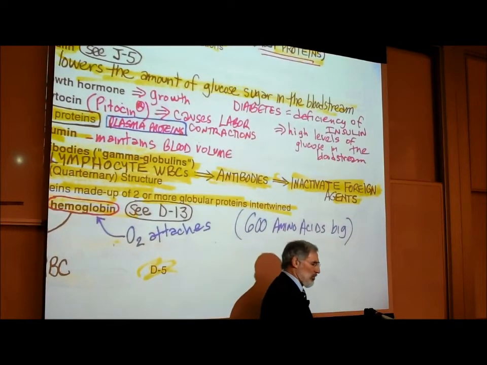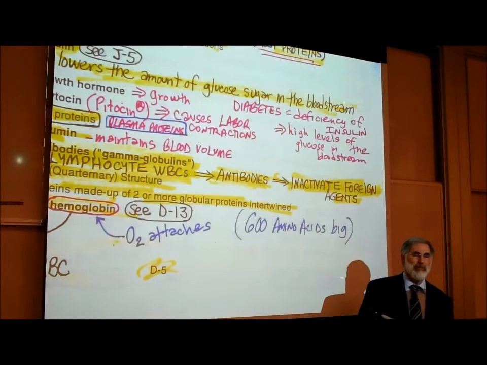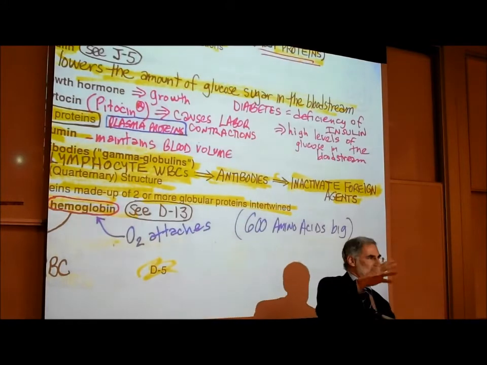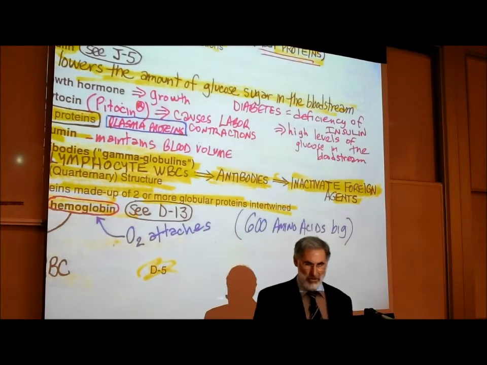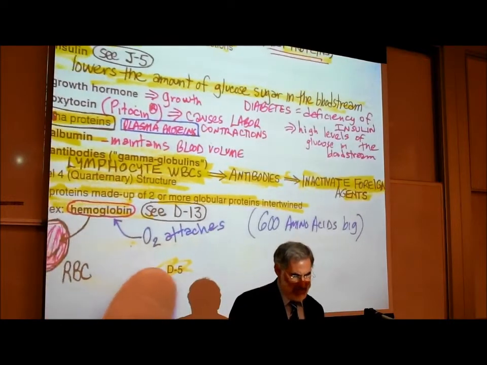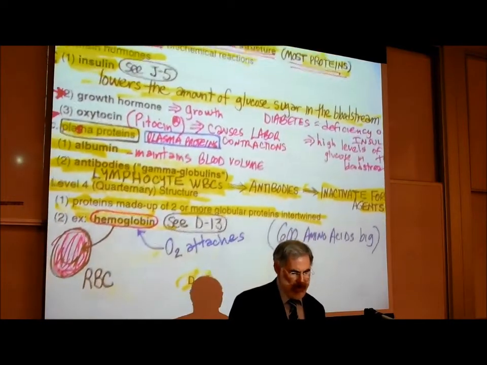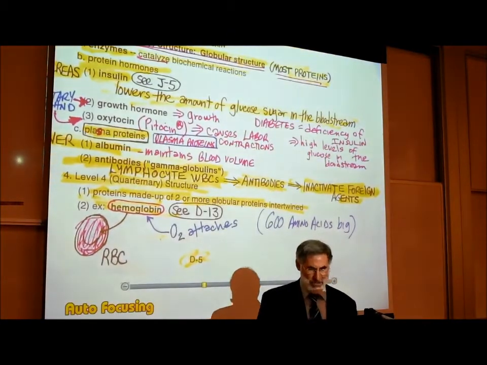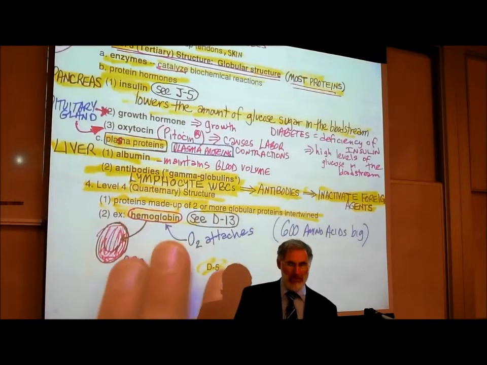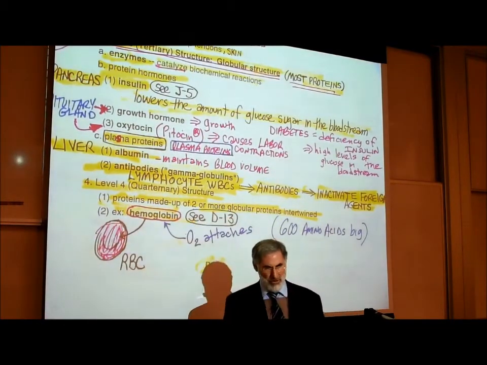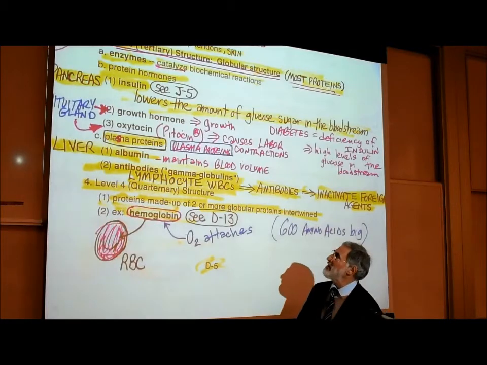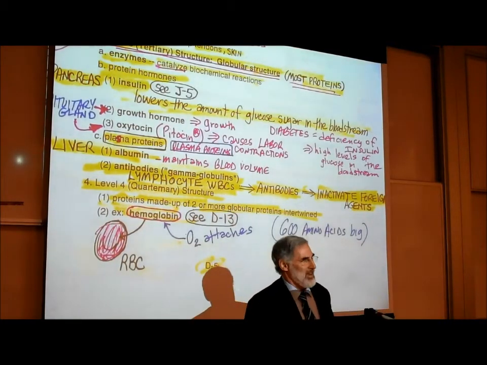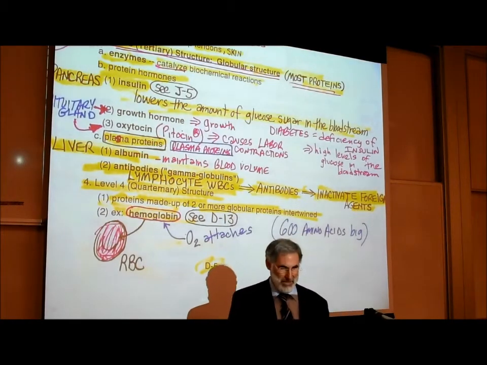They inactivate or destroy anything that your body regards as foreign, that should not be in your body, including bacteria and viruses and so on. So this is how antibodies, these proteins produced by certain white blood cells, protect us against things that are foreign that enter our body. Antibodies are also referred to as gamma globulins or immunoglobulins. Anytime you have that ending, globulin, it refers to a globular protein, right? A tertiary or globular shaped protein.